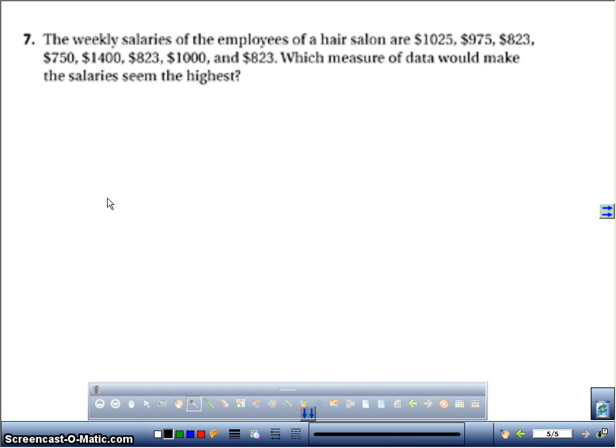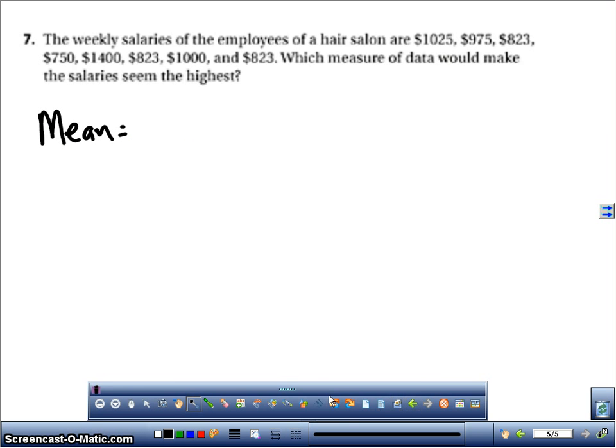So let's do our mean to start with. So what I need to do is add all these together. In fact, let me just do it on my calculator here so you don't have to watch me write it all out. So I've got 1025 plus 975 plus 823 plus 750 plus 1400 plus 823 plus 1000 plus 823.